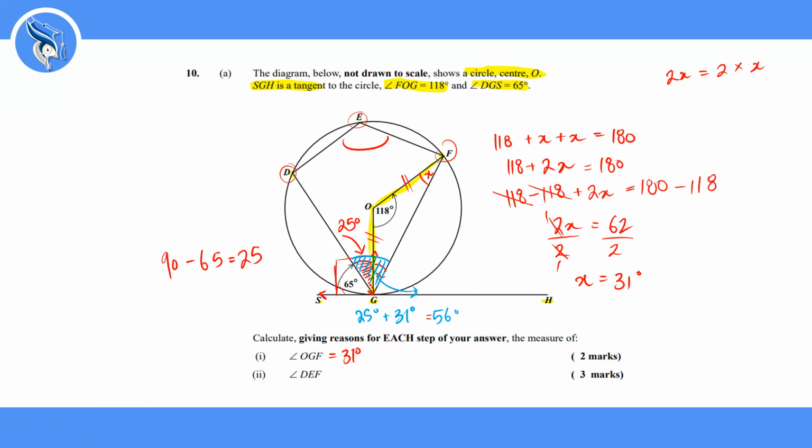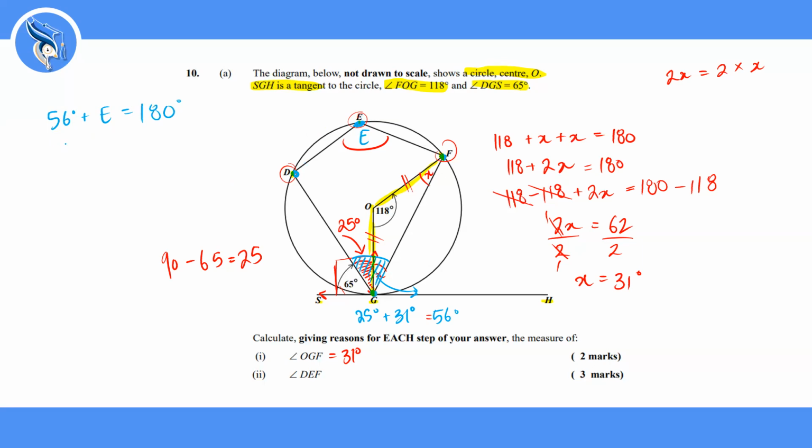If this here is 56, what do you know about angles in a cyclic quadrilateral? And why is it cyclic? Because all 4 points touch the circumference. Angles in a cyclic quadrilateral add up to 180 degrees. So that means that 56 degrees plus E will be equal to 180 degrees.